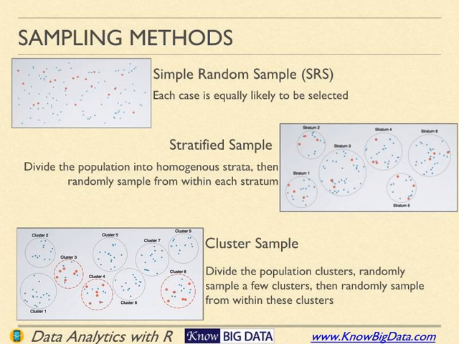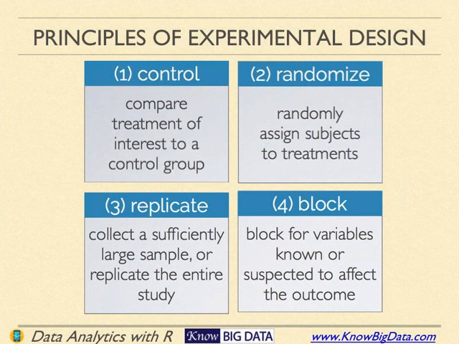We basically divide the data into homogeneous strata and randomly sample each stratum. So we may say it's Bangalore, it's Delhi, and so on, and we sample that way. Other is the cluster sample, rich, poor, this, that kind of cluster we create, and then we pick up a few clusters out of the main. These are the various sampling techniques.